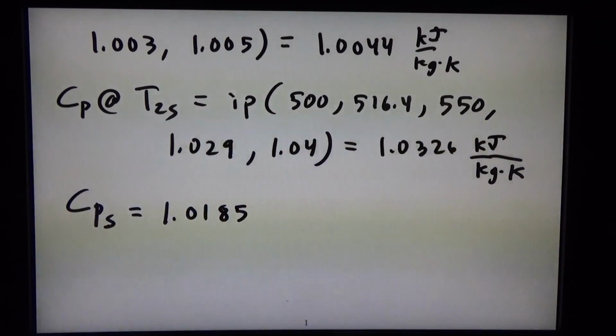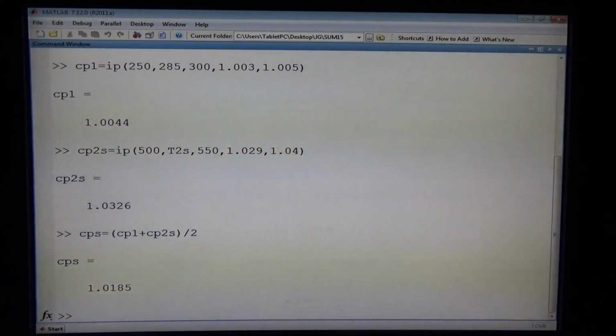Alright, so now that gives us a work isentropic of C sub Ps times T1, 285, minus T2s.